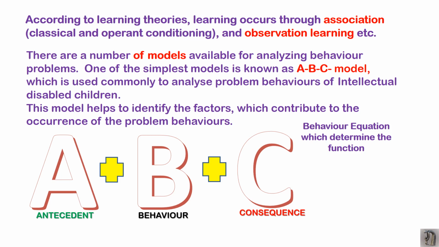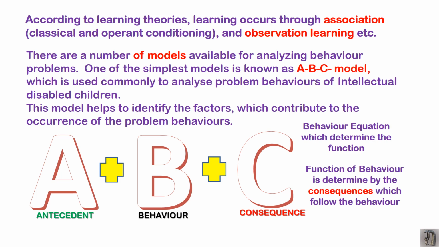ABC is a behavior equation which determines the function of the problem behavior. See, the function of behavior is determined by the consequences which follow the behavior. The C, the last position of this model, is what determines the function of the problem behavior.